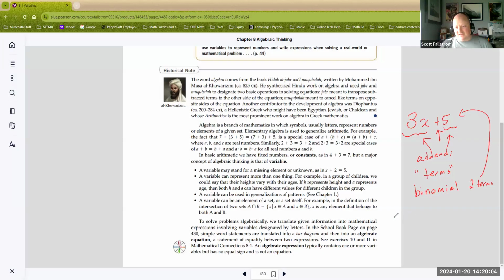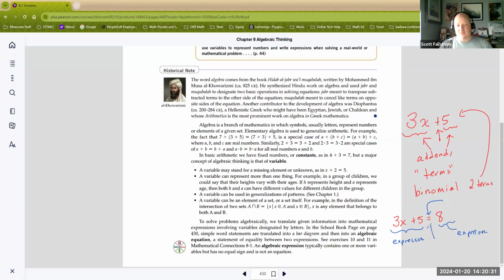Now we could take that same expression, 3x plus 5 equals, whatever I want to say, 8. And now, because I have included the equal sign right here, we don't call this an expression anymore. The left-hand side would be an expression, and the right-hand side would be an expression.